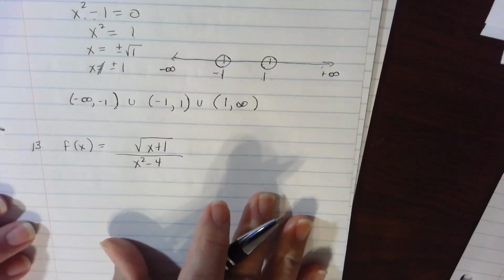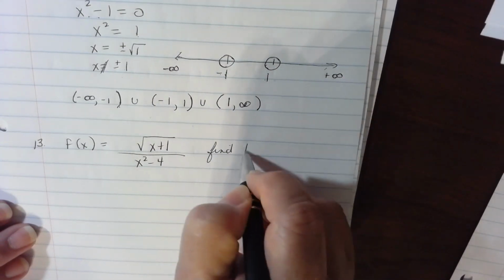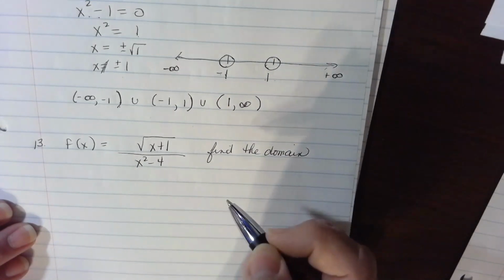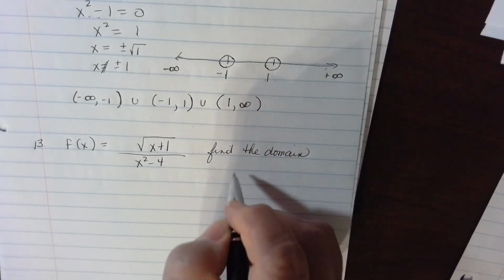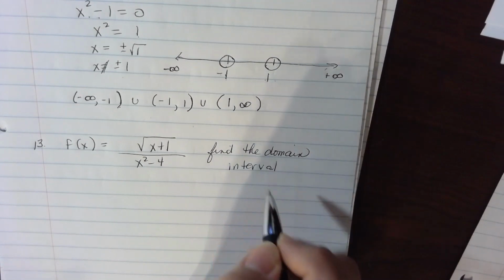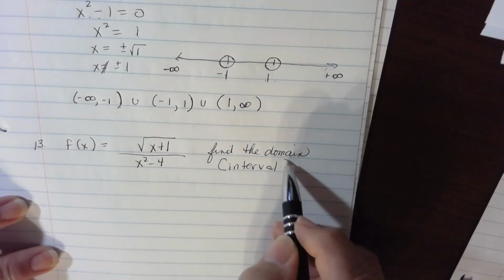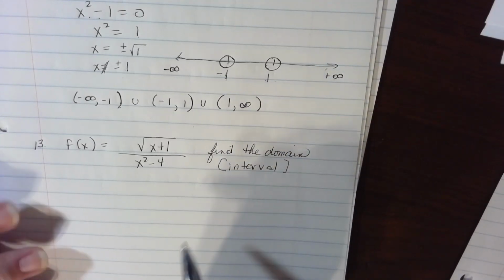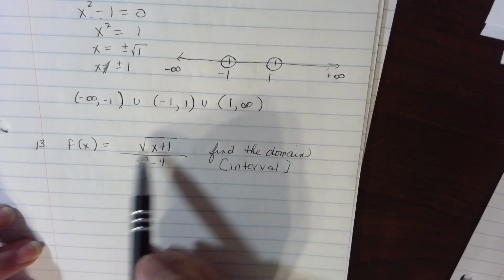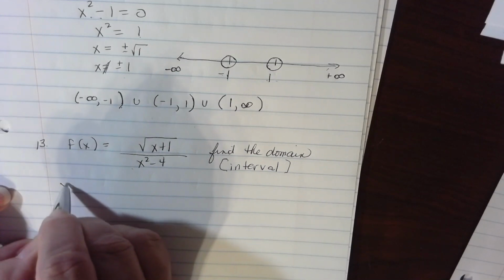Let's talk about this one because this is another issue. So here's a new problem, and the directions are find the domain, and they tell you in the directions to do it in interval. They didn't do that in the book, but in the My Math Lab they specify that it has to be an interval. So this one's got multiple problems because this has a denominator.